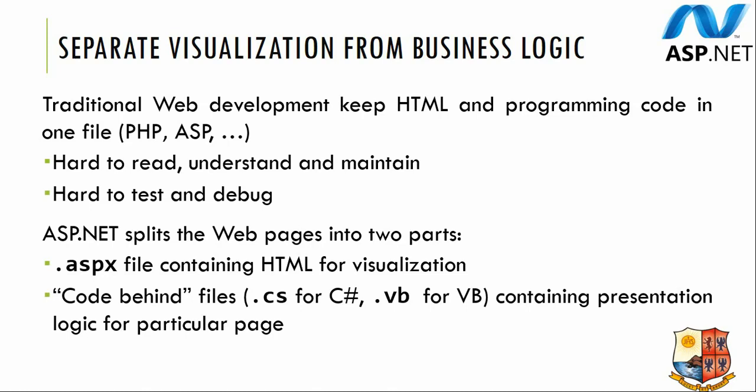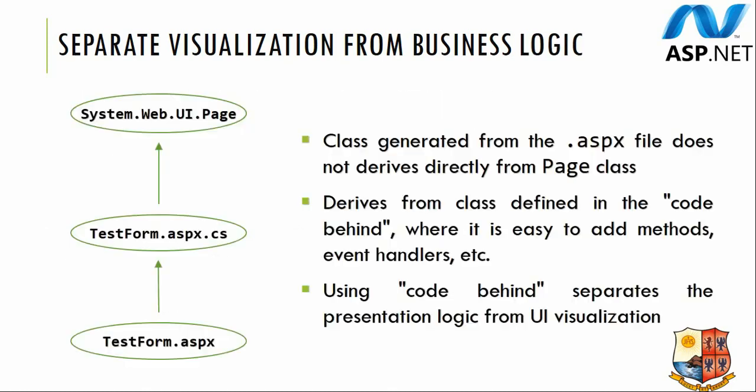Understand this. It splits the page into two parts. One part for HTML, for design, the other part for logic, the code-behind files. Remember this. Why I'm keeping this on the first page itself is because this is the one unique thing which differentiates other web technologies from .NET.